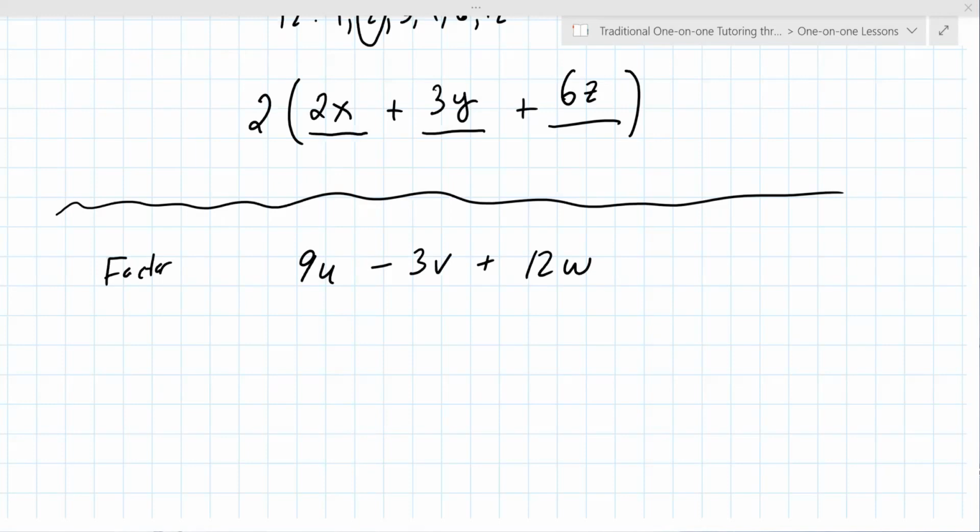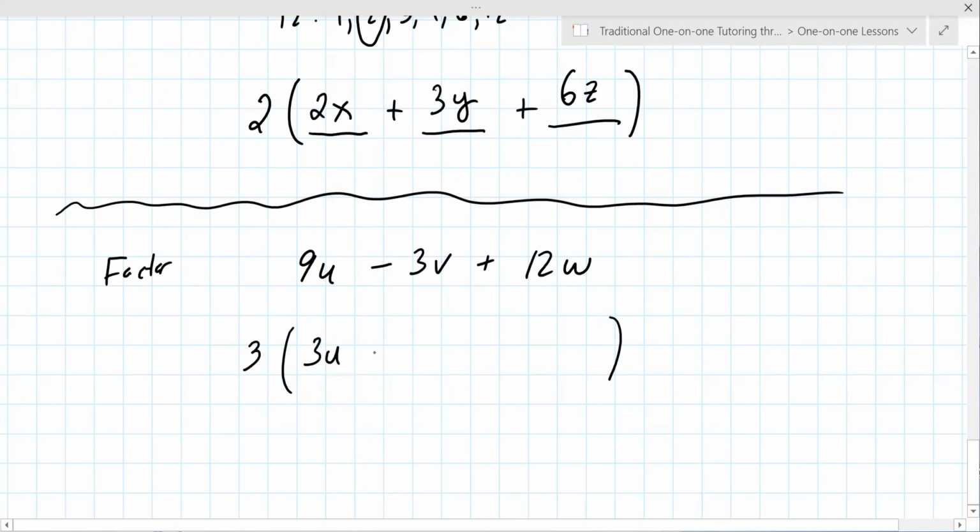I'm trying, I'm just thinking. Sure, just take time to think. Is it 2? 2 doesn't go into 9 or 3. It is 3. So 3 goes here. What goes inside? That's the next part of the question. 1? Well, if I put a 1 here, does 3 times 1 get me to 9u? Oh wait, no. It's 3u. Okay, good.